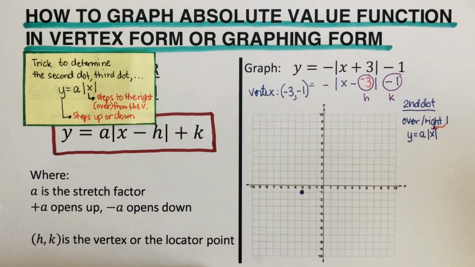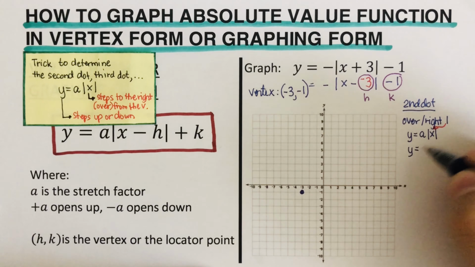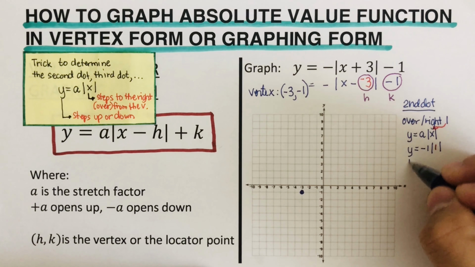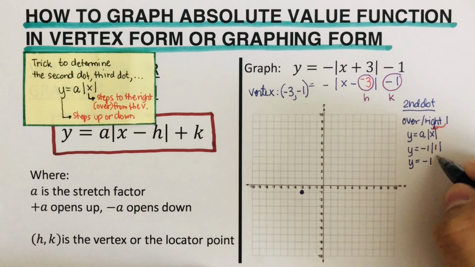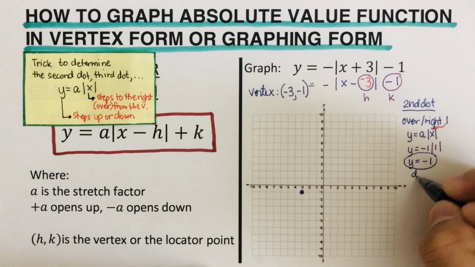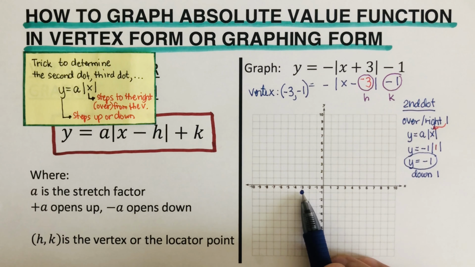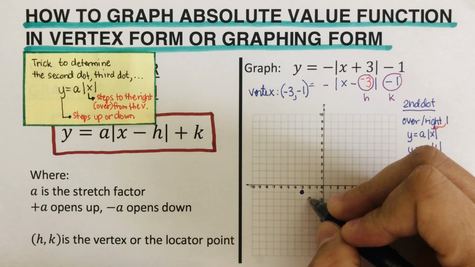So that is y is equal to, our a is negative 1, absolute value of 1. So then this comes out y is equal to negative 1. What does it mean? We are going to go down 1. So from the vertex, we go one step to the right and we go down 1. So this is the second dot.